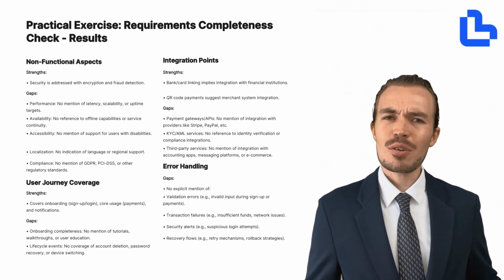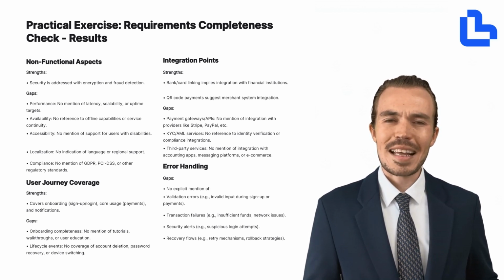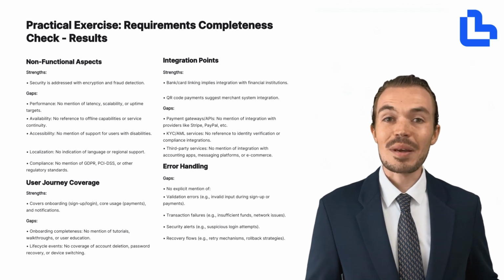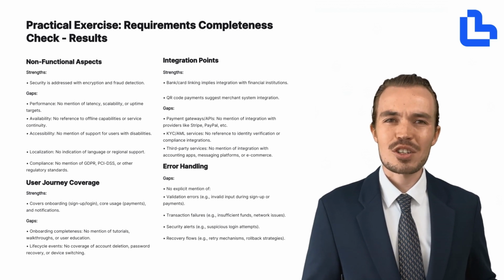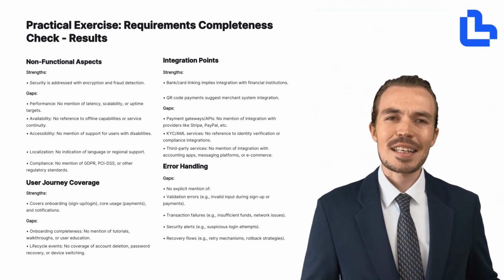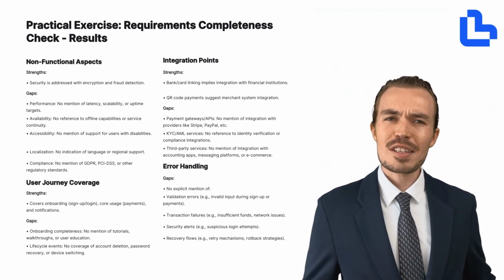The gaps include lack of onboarding completeness and coverage of lifecycle events like account deletion and password recovery. The integration point strengths are bank/card linking and QR code payments, but the gaps include lack of mention of payment gateways, KYC/AML services, and integration with third-party services.